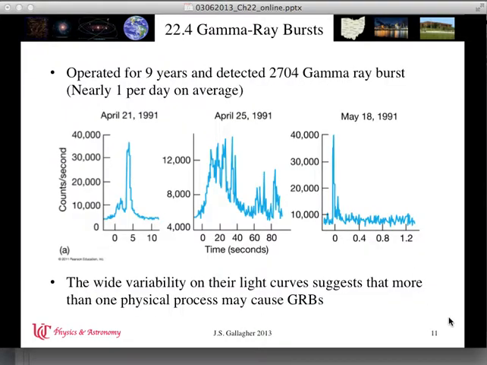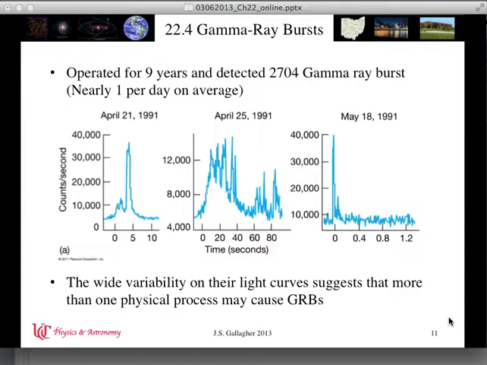So the CGRO operated for about 9 years, and it detected over 2,700 gamma ray bursts during its operation. This averaged to about 1 gamma ray burst per day. You can see 3 examples here. These are 3 gamma ray bursts that went off in 1991, and you can see that they vary widely.